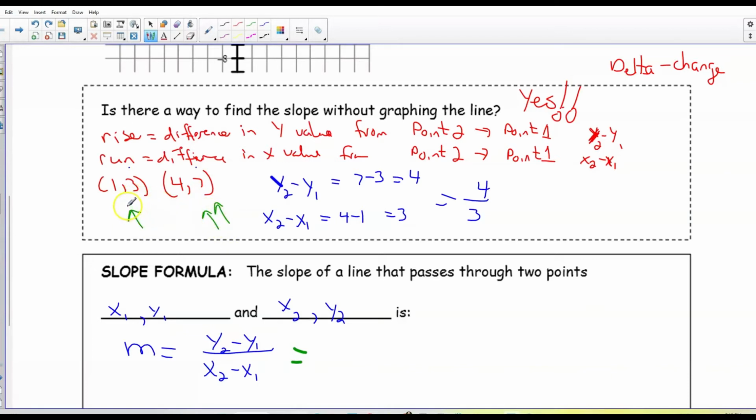This is point 1 over here. So we're going to take y2, which is 7, minus 3 over x2, which is 4, minus 1. 7 minus 3 is 4, and 4 minus 1 is 3. So our slope for this line is 4 over 3.